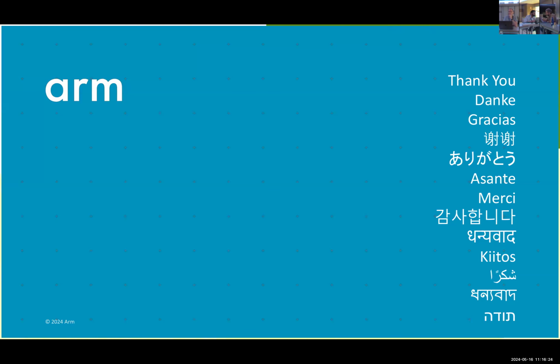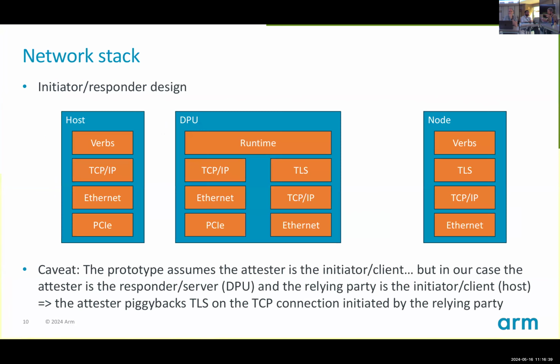The first one was: the DPU to host attestation flow seems to be inverted compared to the normal conversation, where it is the host that asks the device to get attestation from there, so that they can verify that you're good enough for my case.